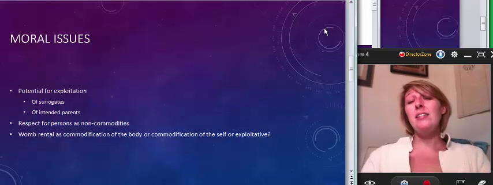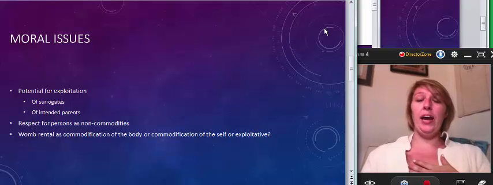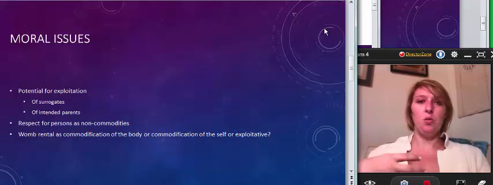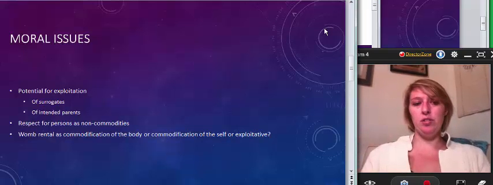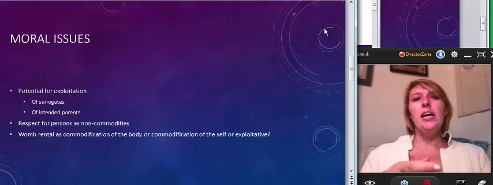If I pay someone to gestate a baby for me, if I decide for my career, for example, that I don't want to have my own baby, that I need that time for me, but I still want to have a child, and I pay someone else to do it, am I then buying a baby? Is that purchasing a person? And in that sense, am I then commodifying a human being? So we want to be very cautious with, is surrogacy baby selling, baby buying?